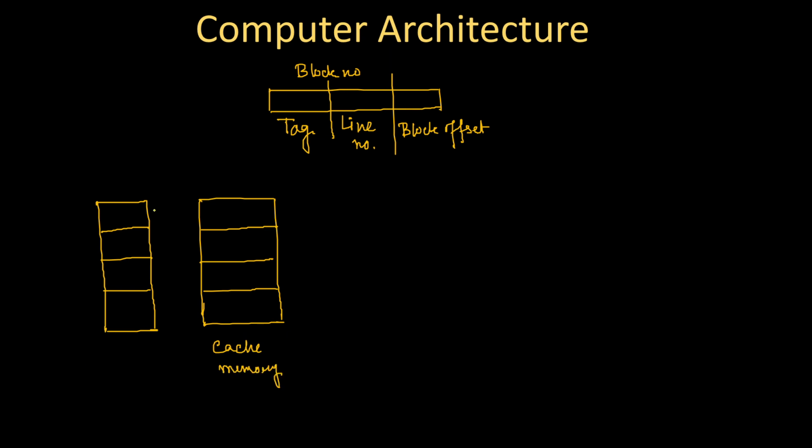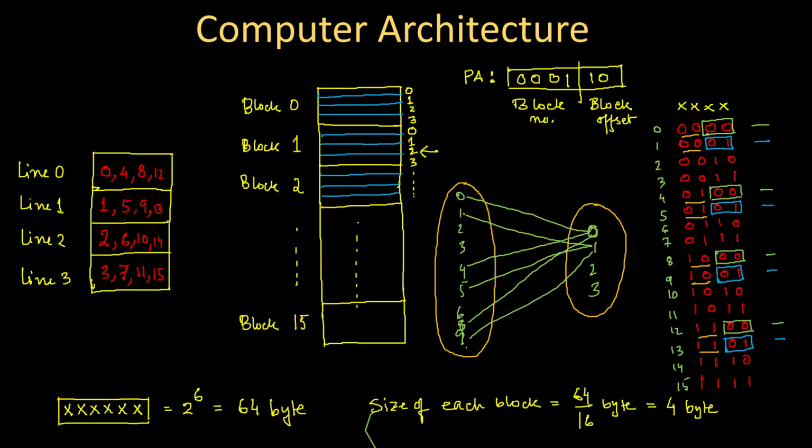This extra memory that we have is called my tag memory. When data is stored in this cache line, the tag memory contains that particular tag, this leftmost part, that is either 00, 01, 10 or 11.